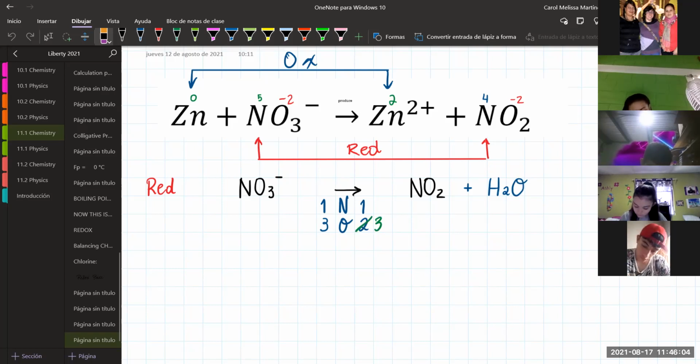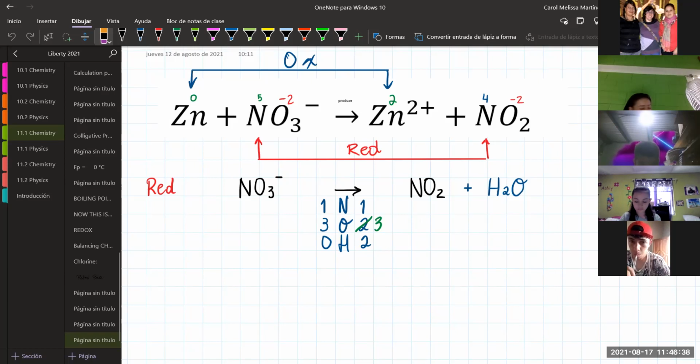But I also included another element that was not part of the reaction. That element is hydrogen. So I need to balance my amount of hydrogens too. I have 2 hydrogens in the products, but I have no hydrogen in the reactants. That means that I need to add H plus ions.